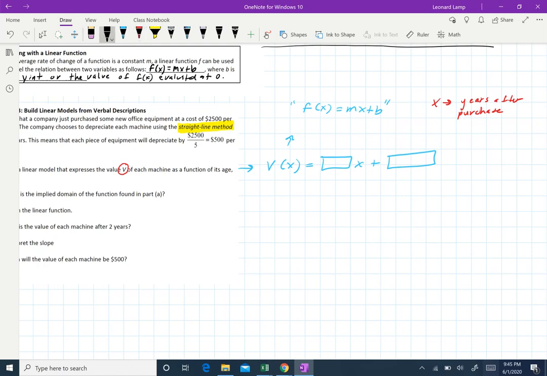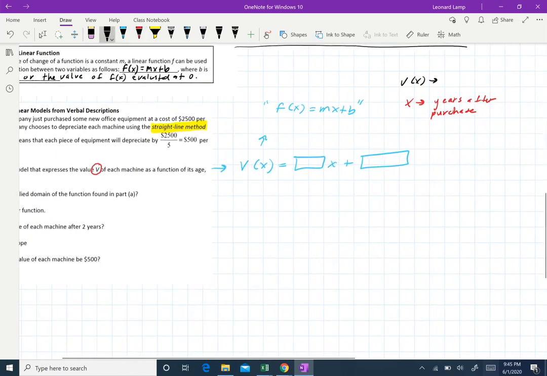So what does V of X really represent? V of X is the value of the machine X years after purchasing.